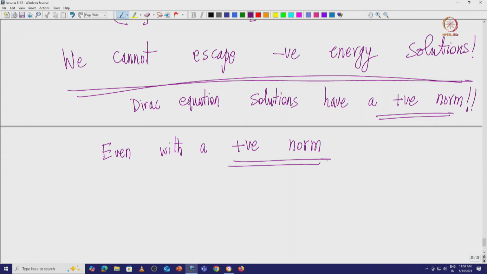Even with a probability current density rho with a positive norm, one cannot escape negative energy solutions.